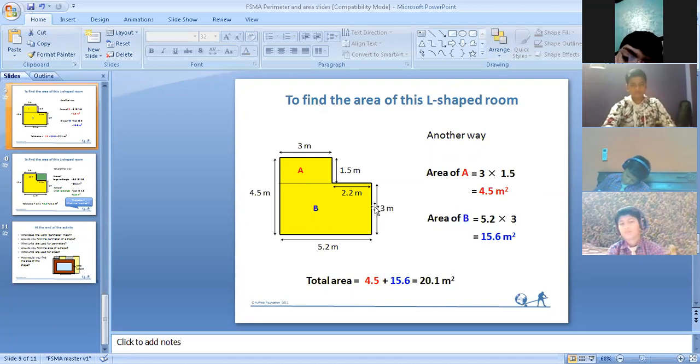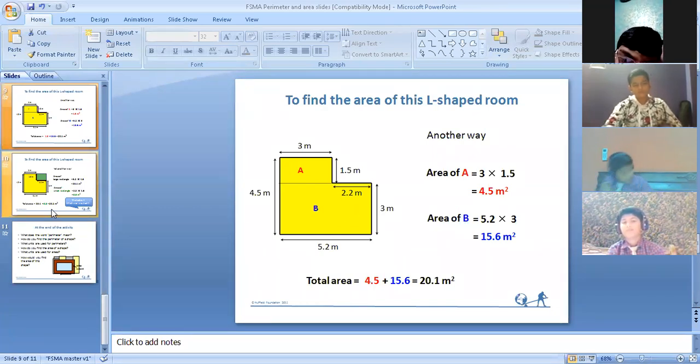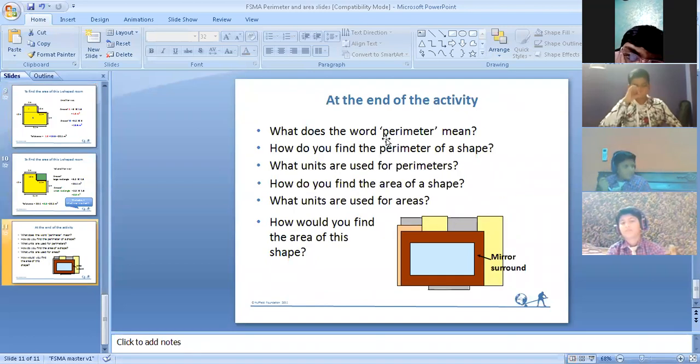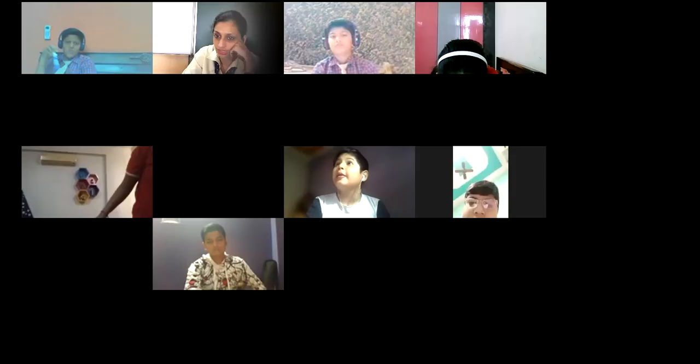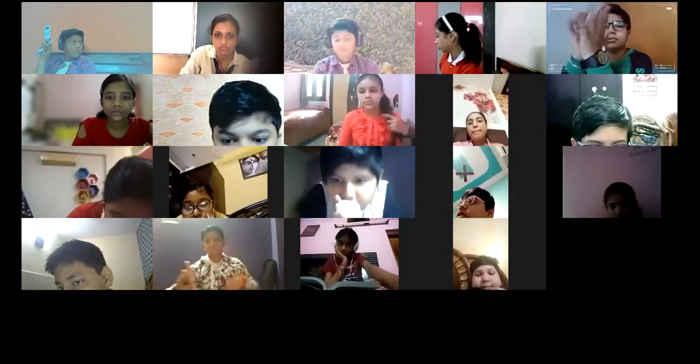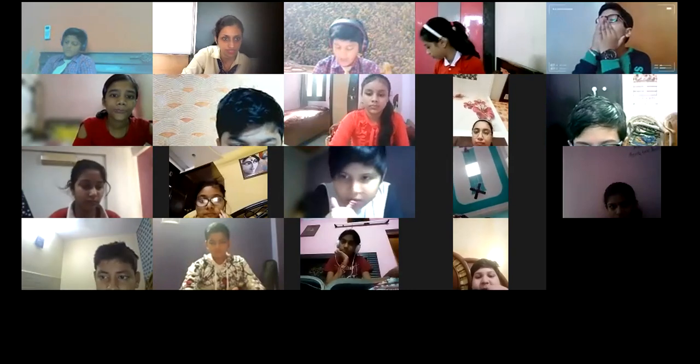If it is an L-shaped room, in this way, we'll find out the area. So we have to split those figures into parts. So from this chapter on perimeter and area, we are going to learn the units, areas, and perimeters of shapes. What does perimeter mean and all this. Is it clear with everyone? What do you mean by perimeter and what do you mean by area?